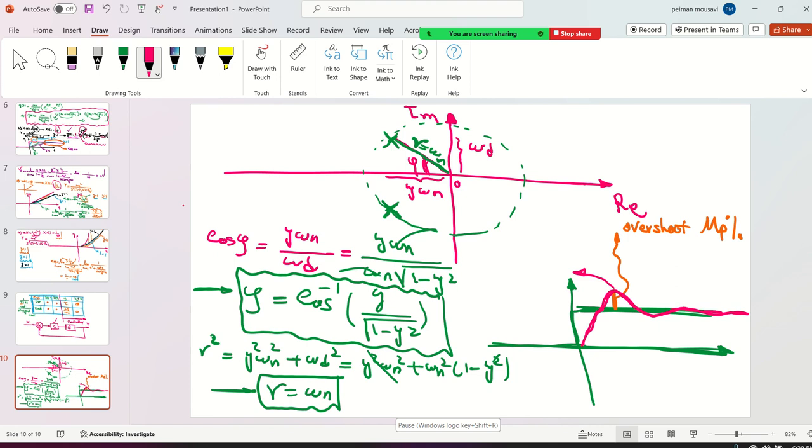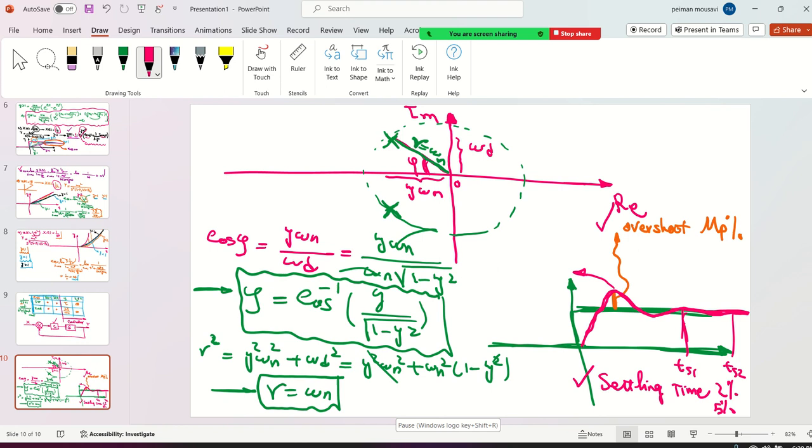Another parameter that next class we have to work on after simulating is these two. The response settles down. We get Ts1, Ts2, settling time in 2% criteria, 5% criteria. We're gonna calculate these. Okay, why?